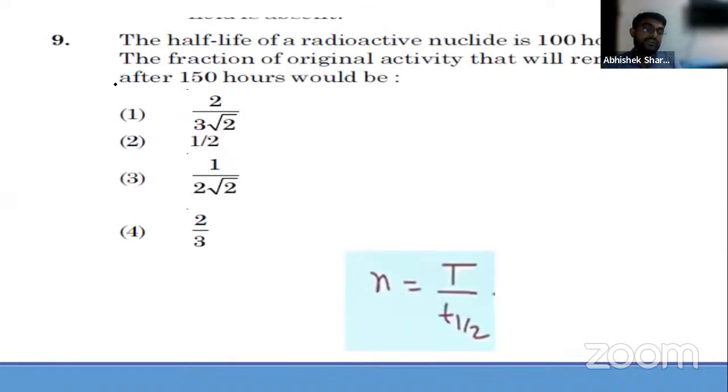Next question is this, I'll read this question for you, students. It says: the half-life of a radioactive nuclide is 100 hours. This is from the radioactivity chapter. There are some elements we have seen in the periodic table also, at the bottom.